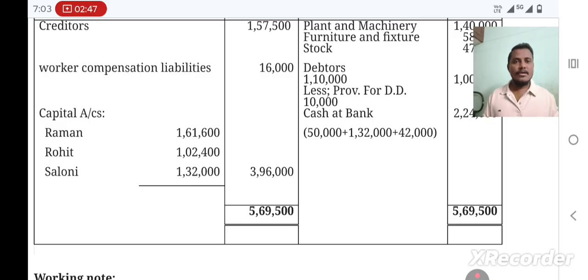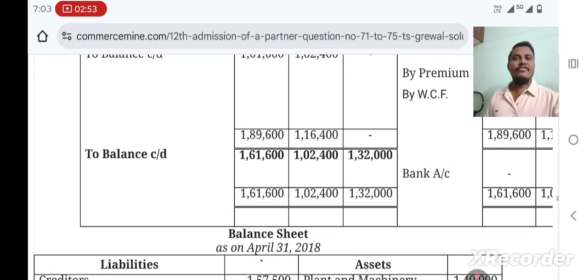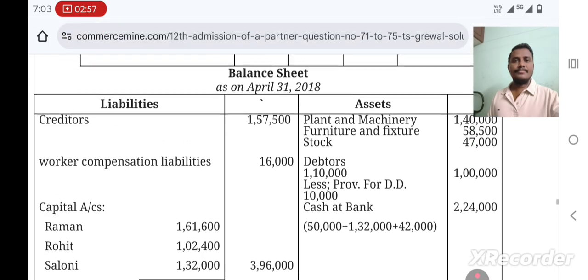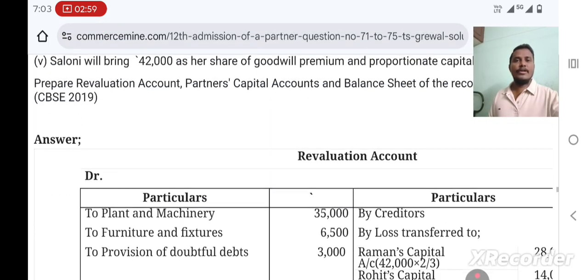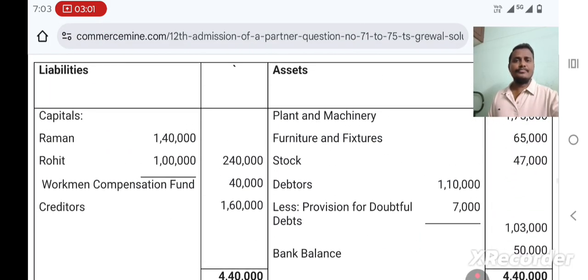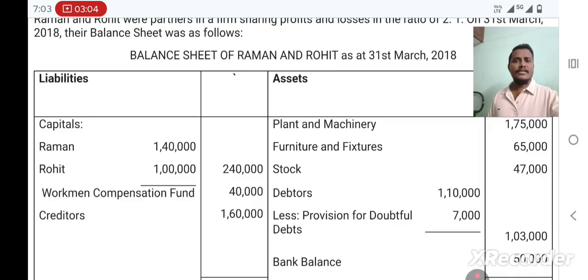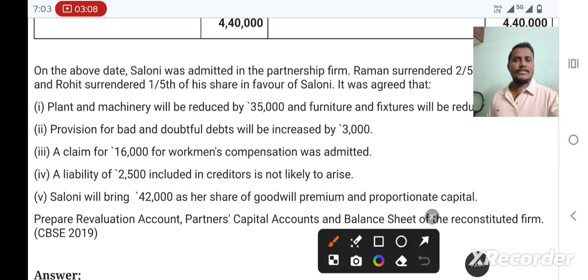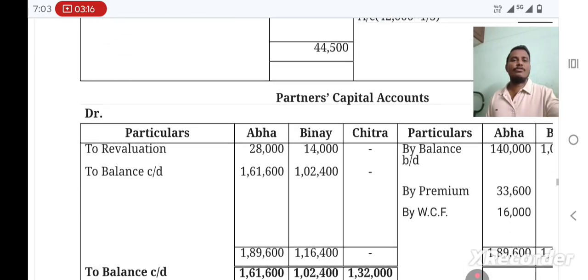So this is the new capital for the partners, and whatever the left items you can record it here, which is creditors we have not recorded yet. So creditors 1,60,000 and 2,500 is not likely to rise, which means you will deduct from the creditors. So 1,60,000 minus 2,500 will give you 1,57,500.